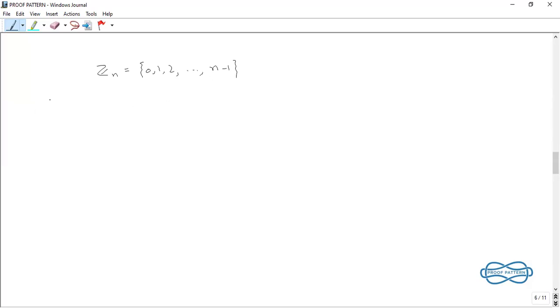Then the first property is the closure law. For all a, b belonging to Zn, we can see that a plus b mod n belongs to Zn. Then the associative law.